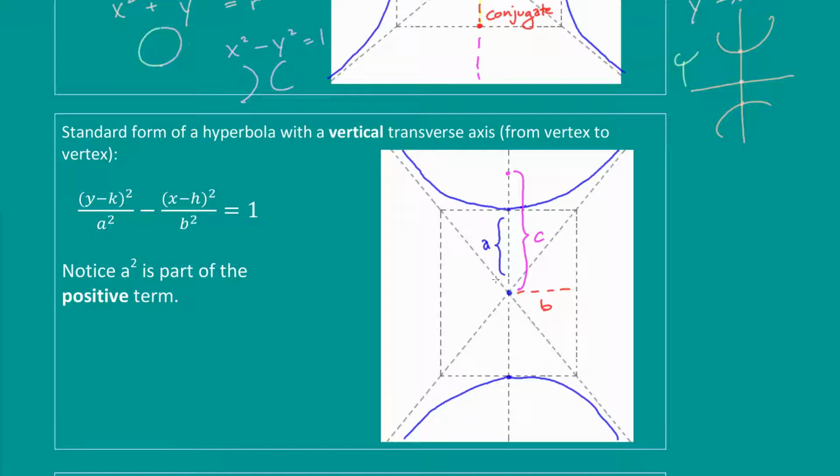Now, how do I actually find these asymptotes? They're lines. So once I have a point at our center, we know that this is our point at our center. For a line, all I need is a point and I need slope. So if I can find the slope, I can identify what the line of this asymptote is. Well, isn't our slope rise over run? So don't we go up a value of a while we go over a value of b?